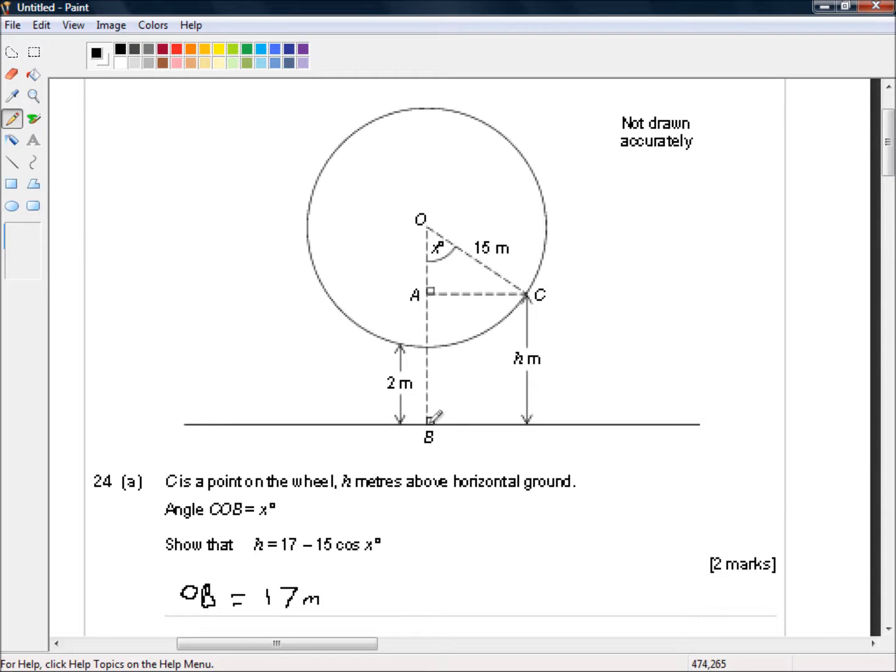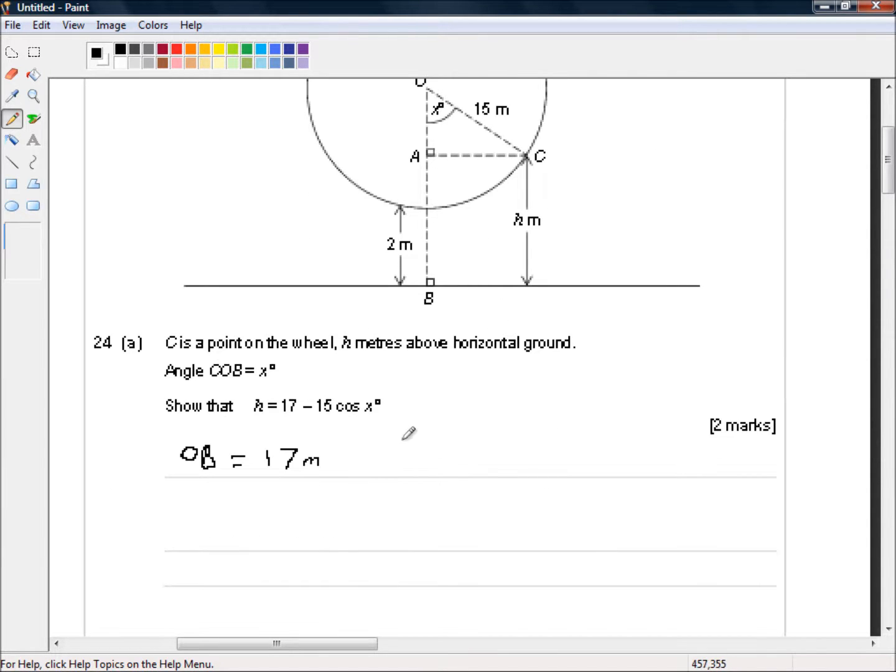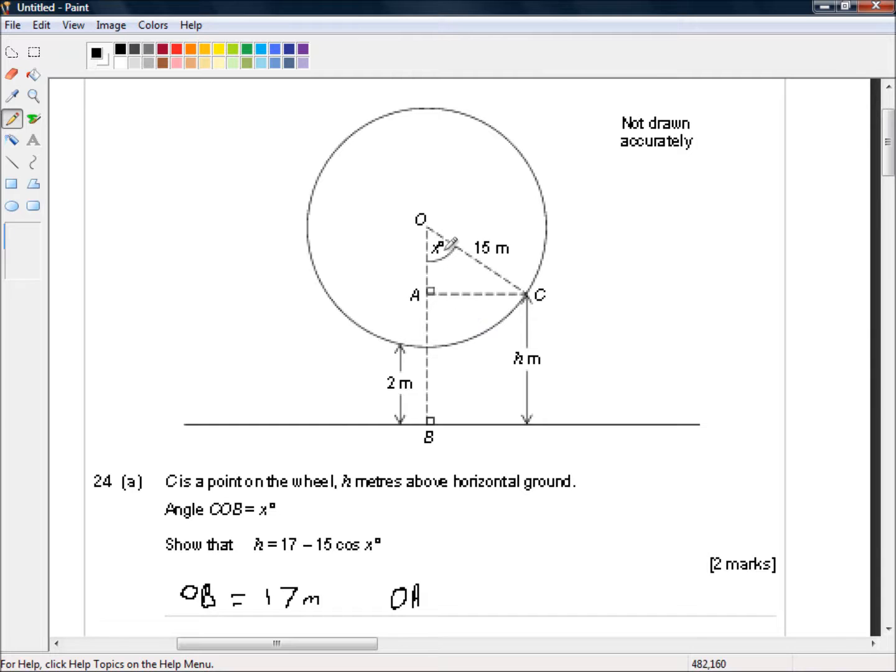Now, the height there is 17 metres, which takes us up to the height of O, minus this distance here, OA. Now, OA, we've got a nice little right angle triangle here where the hypotenuse is 15 metres.